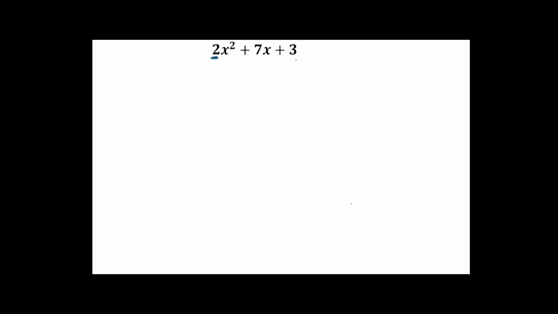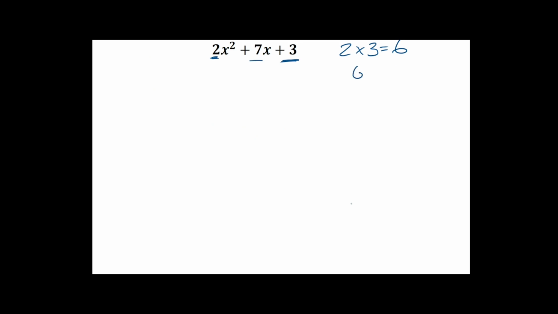We take the coefficient in front of the x squared and we multiply that by the 3. 2 times positive 3 in this case is going to be 6, and we want 2 factors of 6 that multiply to give us 6, by definition being factors, but add to give us plus 7.